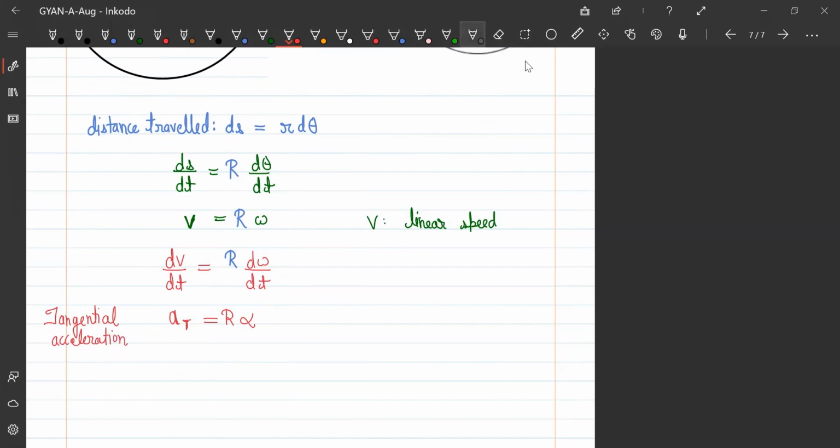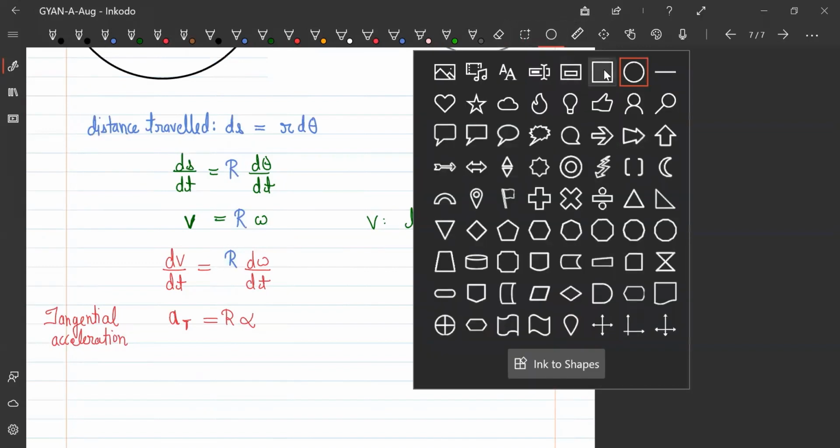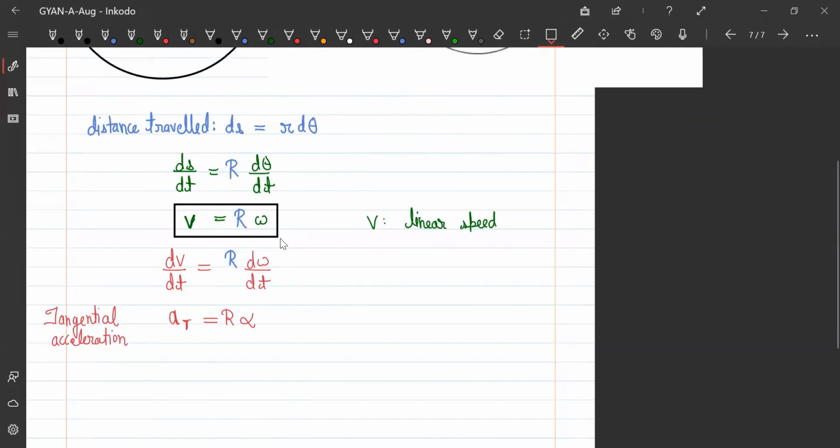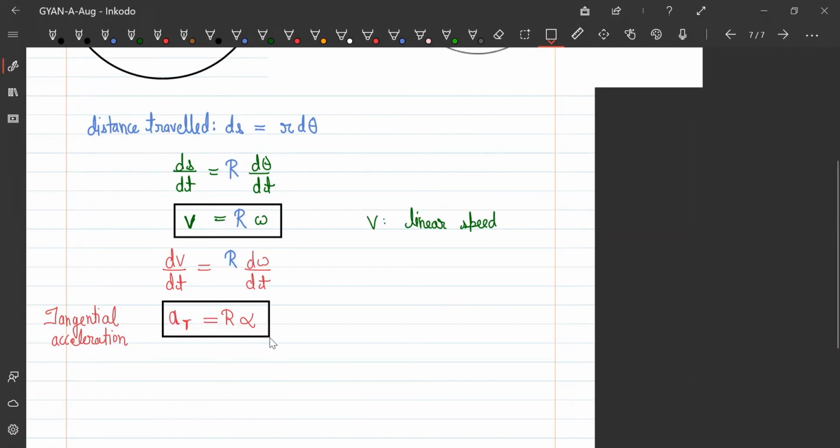So these two new terms we have here. First, linear velocity or linear speed is equal to R into omega, and tangential acceleration is R into alpha. And of course the basic relation ds is equal to R d theta, that you must remember.